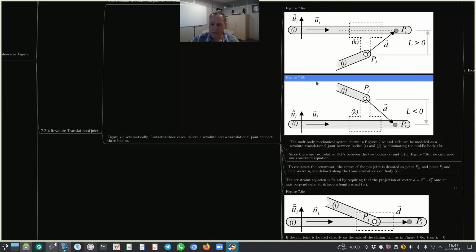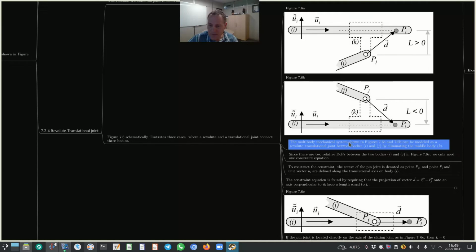Now 7.6b is similar, it's only swapped around. The difference between these two figures, and we'll talk about that in a little bit, is that for 7.6a this distance L is greater than 0, and for figure 7.6b the distance L is less than 0.